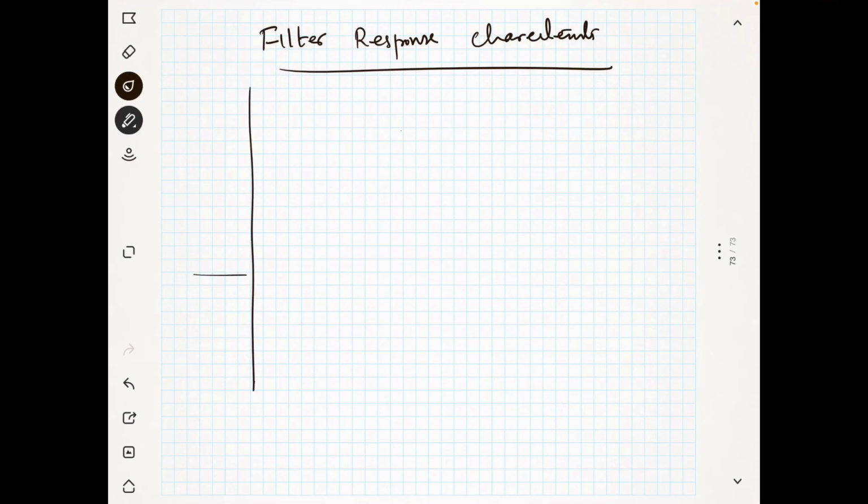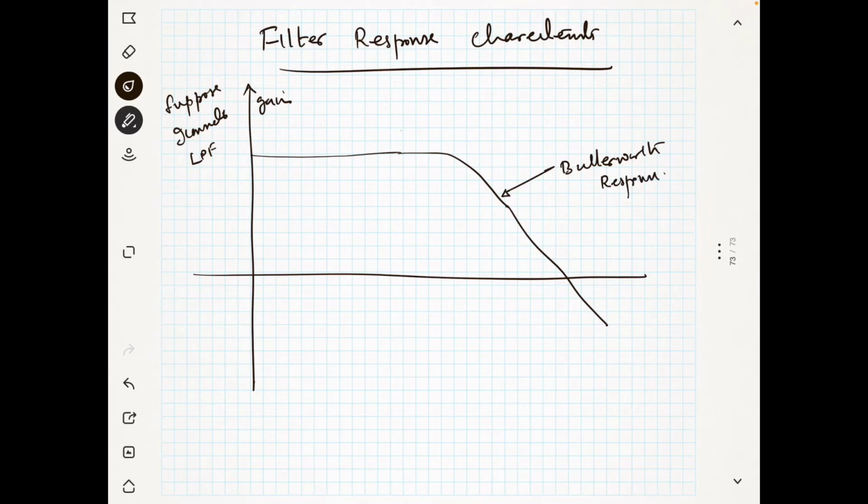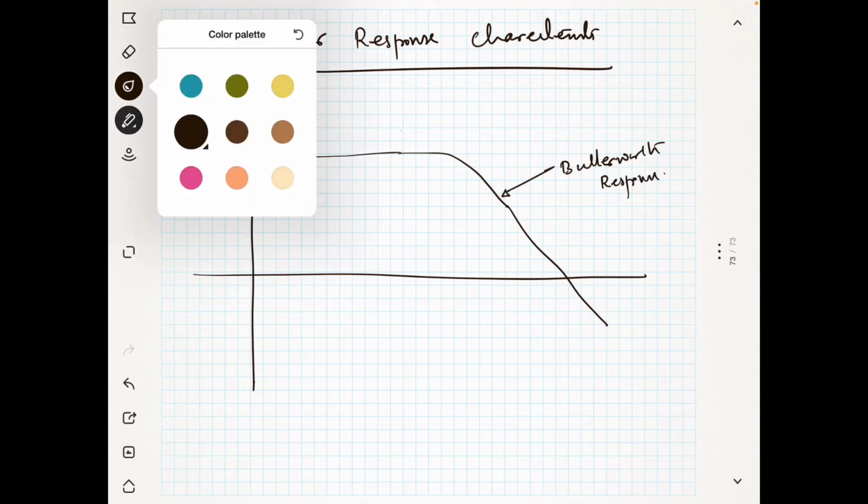Suppose I consider a low pass filter, and this is the gain of the low pass filter. Now you know the typical characteristic is like this. This characteristic we call the Butterworth response. But there are some other characteristics a filter may exhibit.